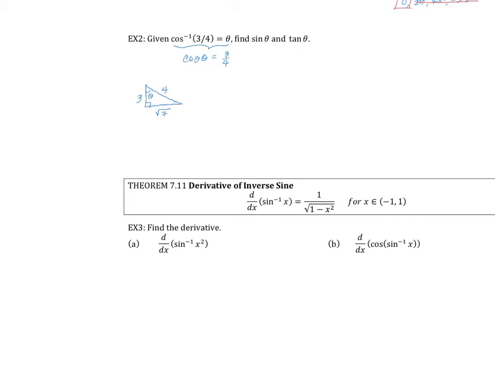Now all I have to do is, using that right triangle, write sine of theta equal to opposite over hypotenuse, and tangent of theta equal to opposite over adjacent. And that's it. You might have to rationalize denominators if you do end up with a square root, but ours is fine. We can stop there.